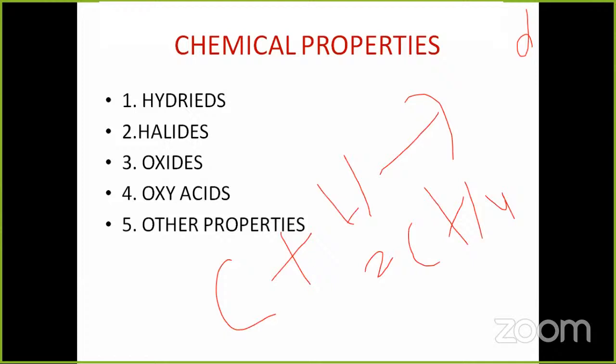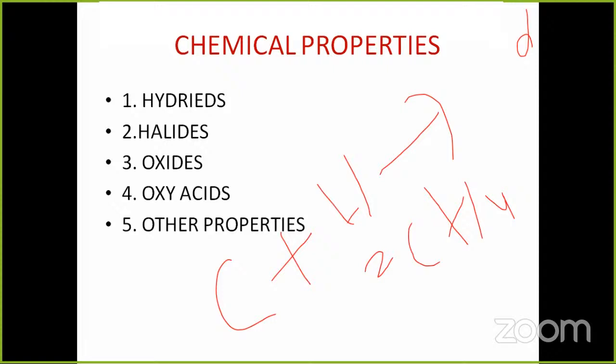So hydrides mean the group elements, when they interact with hydrogen, give compounds, and those compounds are called hydrides. We have to learn their properties: physical state, boiling point, melting point, reducing nature, structure, hybridization, how many sigma bonds, everything one by one. I will discuss the detailed information group-wise.